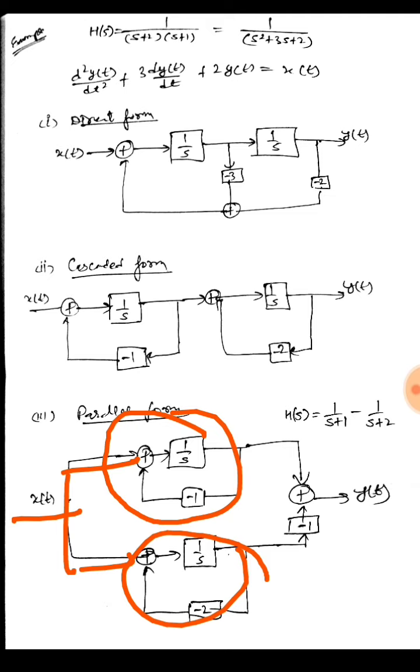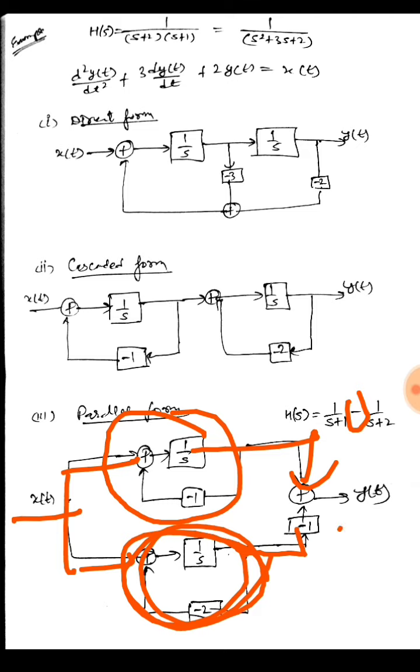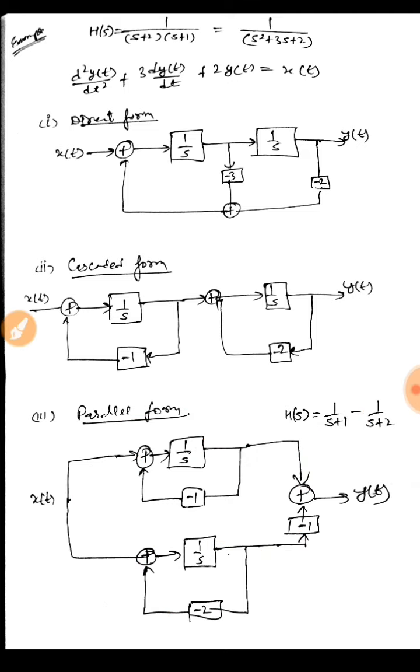As the coefficient is minus for the second transfer function, I will multiply it with -1 and then add it to the first and get the output. So this is how you can represent a transfer function or a system in block diagram form.